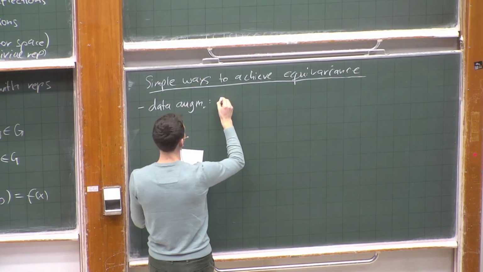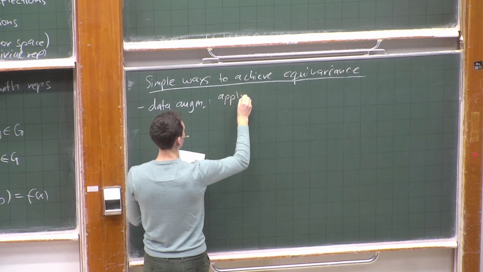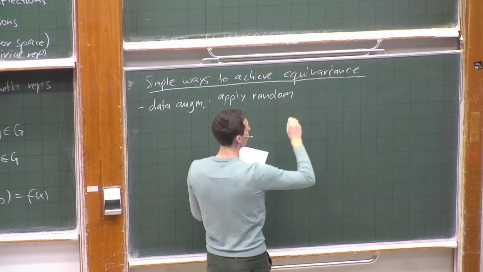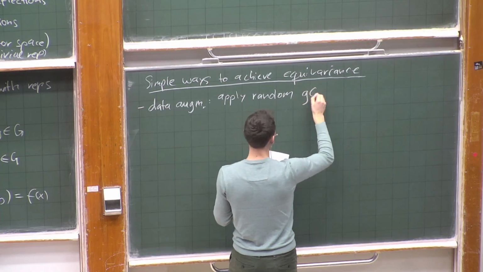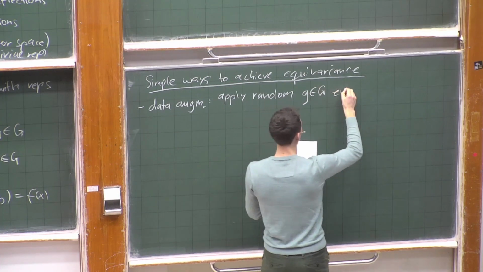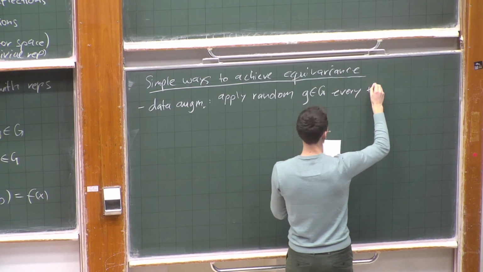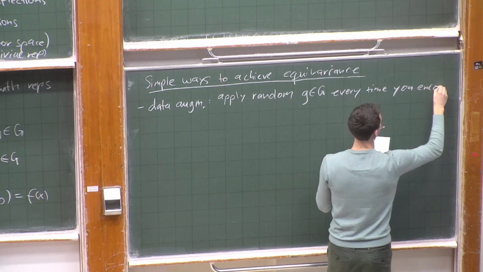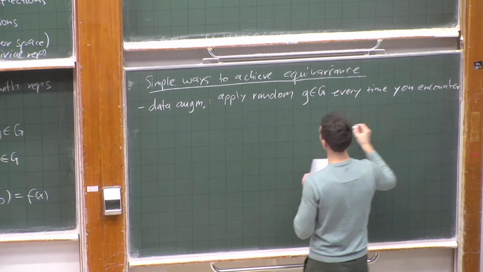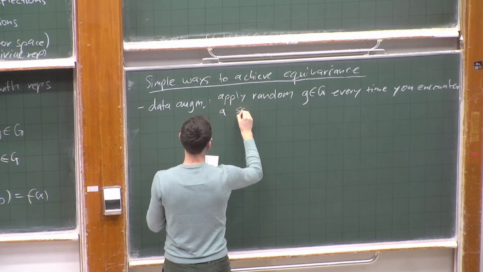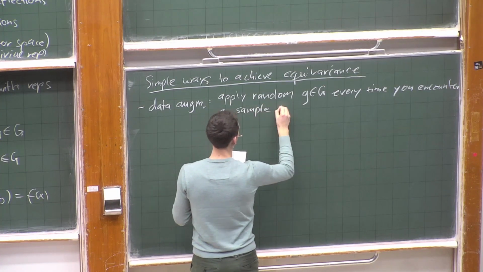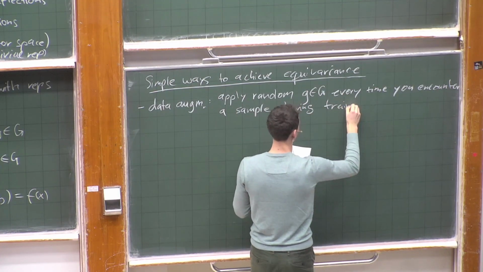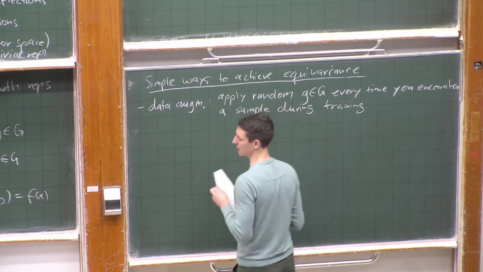It means you apply a random element from the group to which you want to be equivariant every time you encounter a sample during training. This is how you do data augmentation.